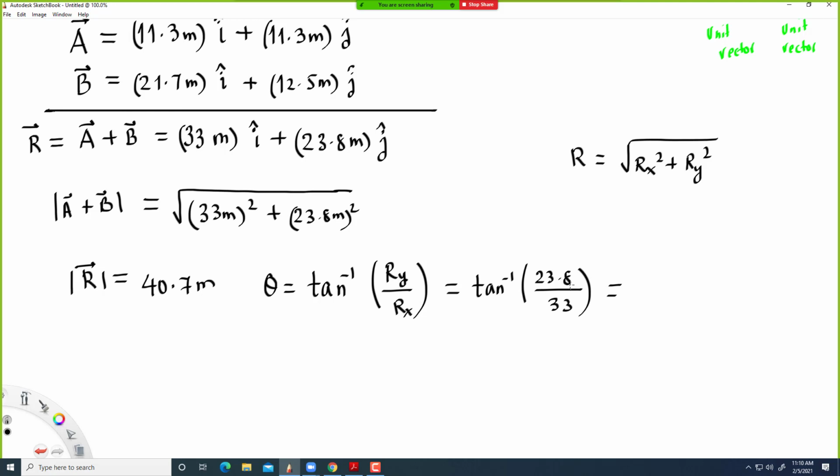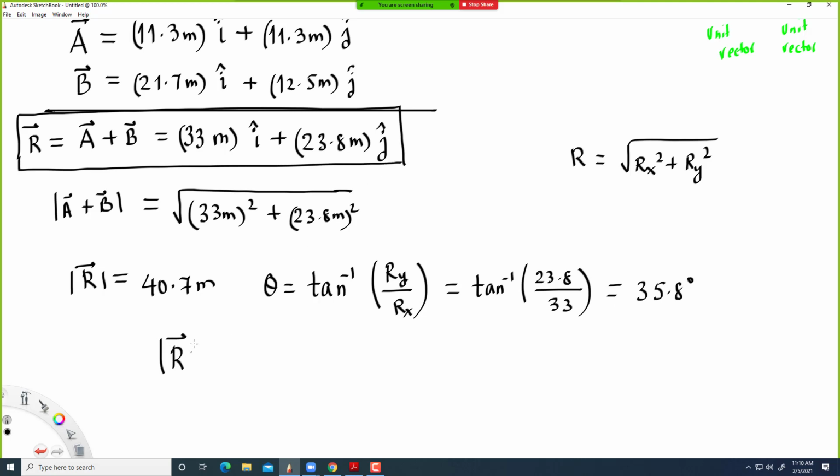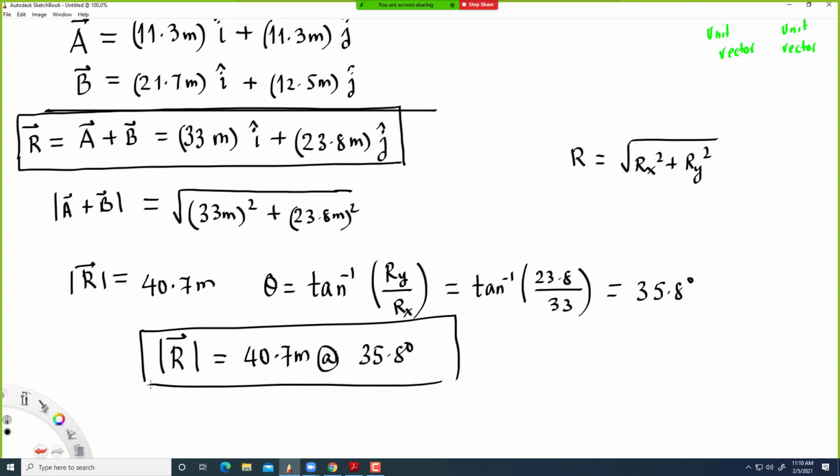That gives me 35.8. Okay, so you can write either the resultant in this form or as magnitude and angle.